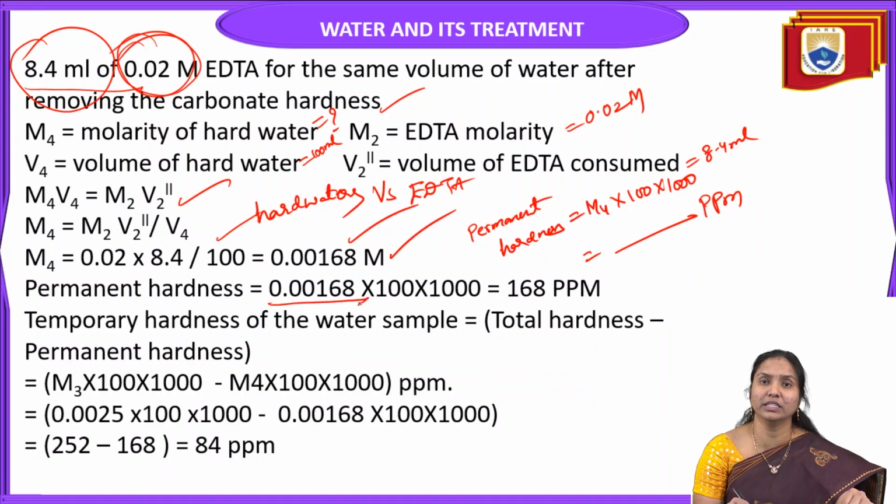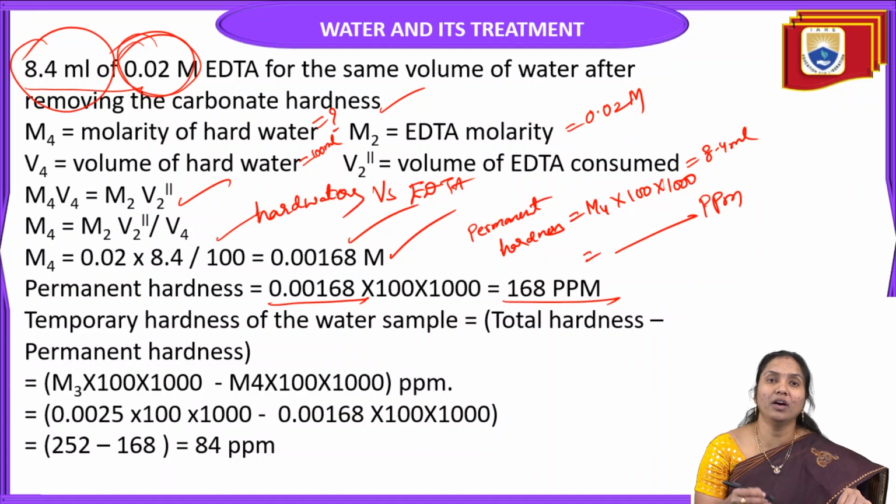So we can substitute in this formula. 0.00168 into 100 into 1000. So already we know that 100 is the molecular weight of calcium carbonate and 1000 is the total makeup solution, 1 liter. So 0.00168 into 100 into 1000 is equal 168 ppm. So permanent hardness of given water sample is 168 ppm.